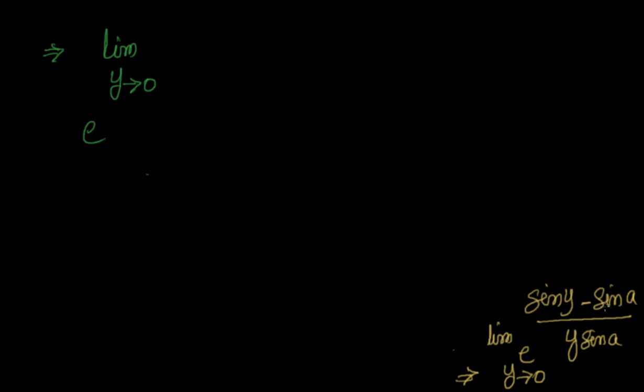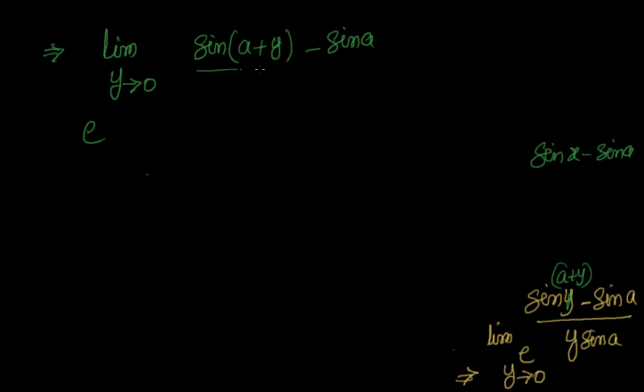If you do a little bit of transformation, sin of x minus sin of a, so x should be a plus y. That seems to be a typo, we will fix it here. It will be sin of (a plus y) minus sin of a by y into sin a.